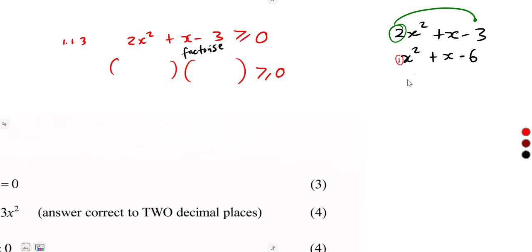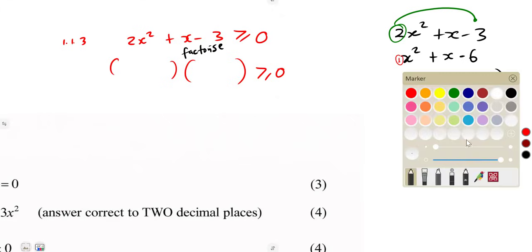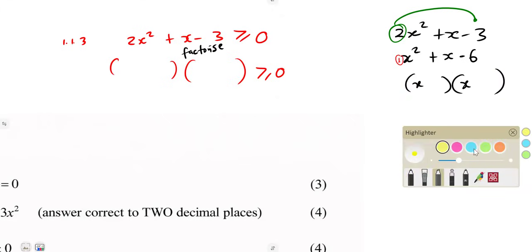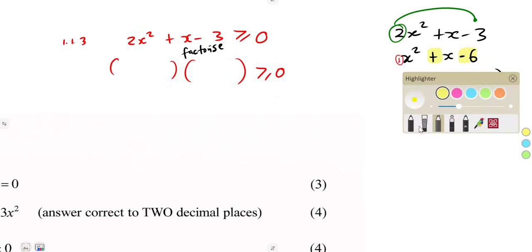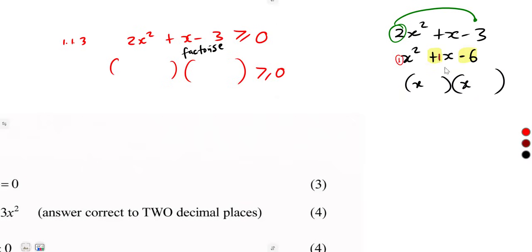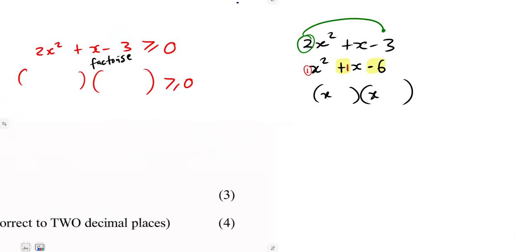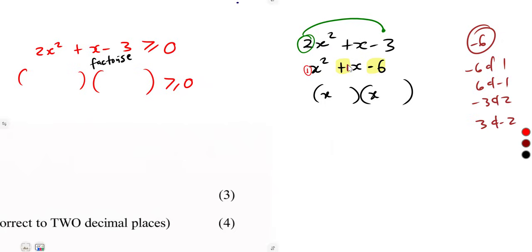So we consider the factors of negative 6 which will give us a positive 1 when we add them, the coefficient of x. There are so many factors of negative 6, but of these factors, which pair, when we add, will give us a positive 1?